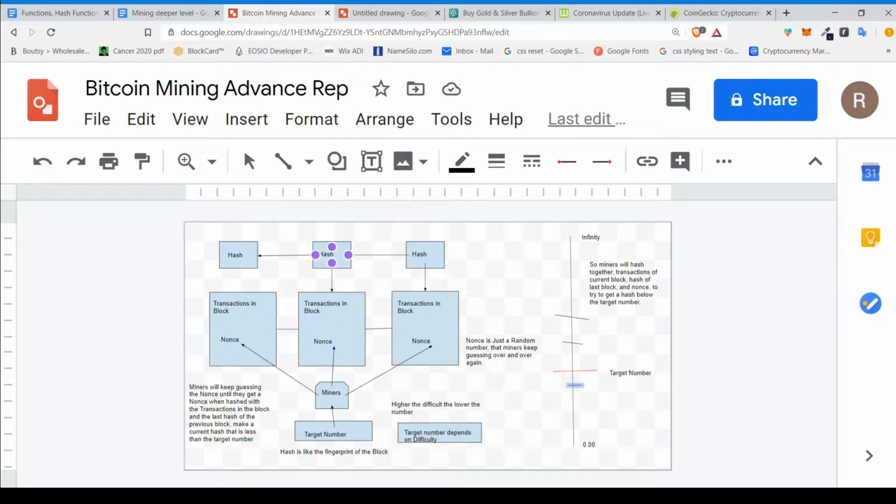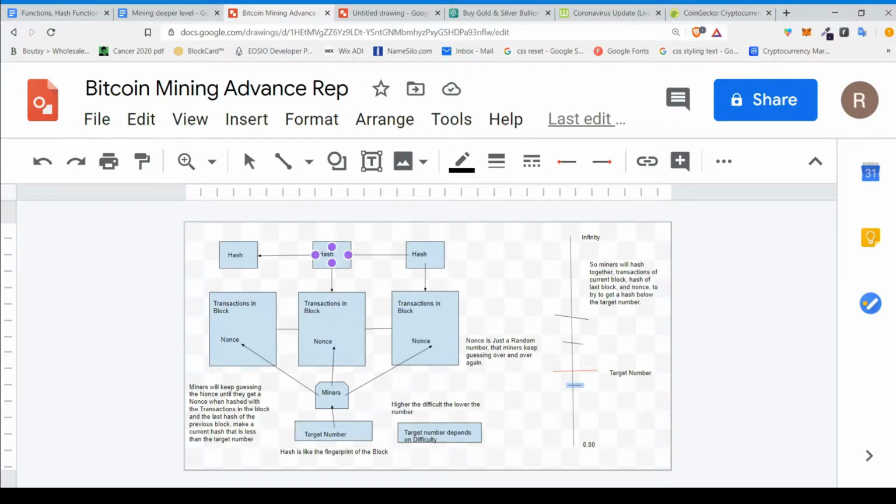So I hope this helps you understand how hashes are used and how a hash is generated for a block. And all blocks are connected this way. When you go to the block before this block, it's the exact same. The hash of this block, you get from the transactions of the current block, the hash of the previous block, and the nonce, which is the random number that all miners are competing to guess.